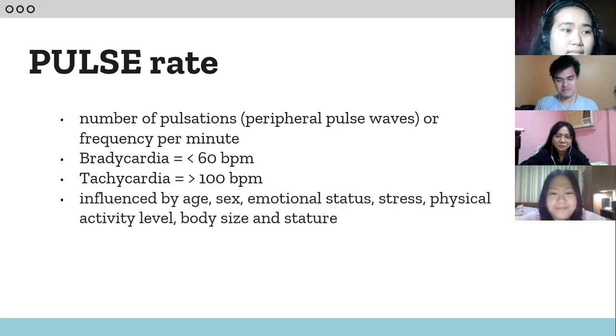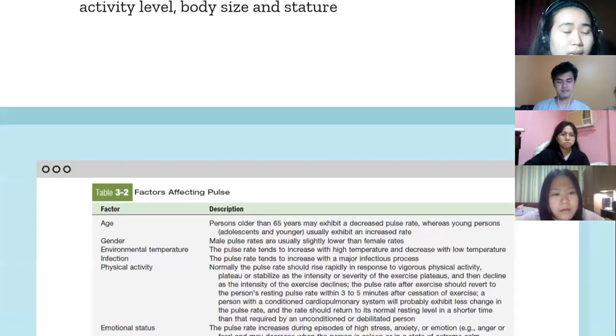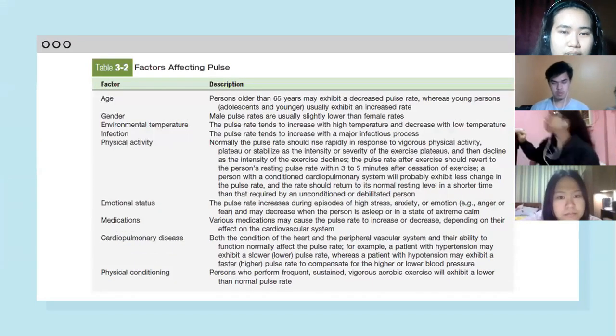Pulse rate is influenced by age, sex, emotional status, stress, physical activity level, body size, and stature. You can see in your Fairchild the different descriptions on the factors affecting the pulse.